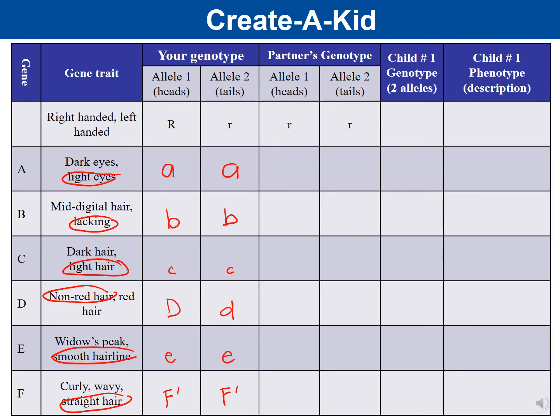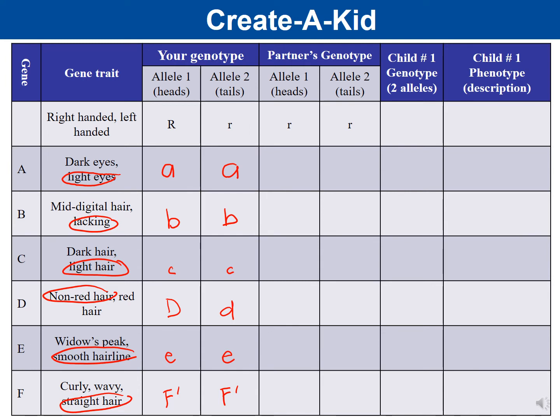You can use somebody else in your family and use their genotype for the purpose of this activity, or you could find a picture of somebody that you might be interested in potentially having a kid with, somebody that maybe you find attractive, and use their picture to figure out as many genotypes as you could.